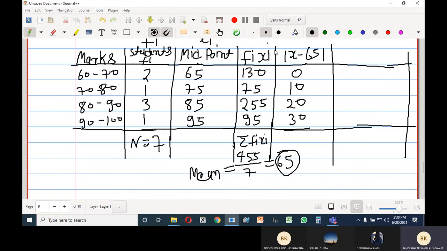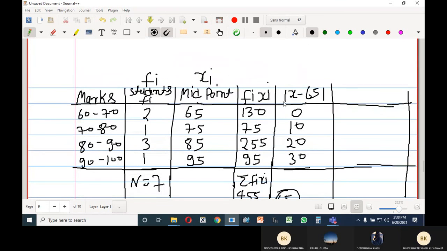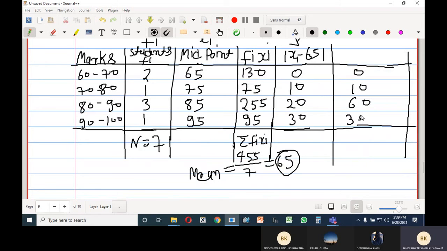You will multiply fi into this deviation, xi minus 65. So 0, 10, 60 and 30, and the total is 100 actually. And thereafter the mean deviation MD is equal to 100 upon 7.